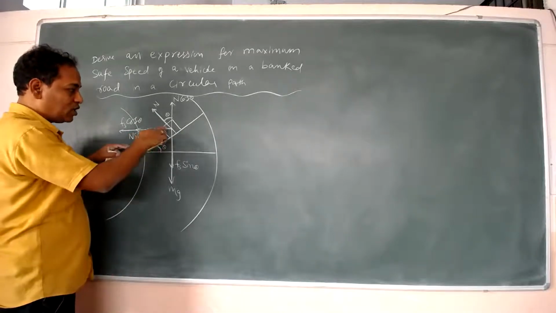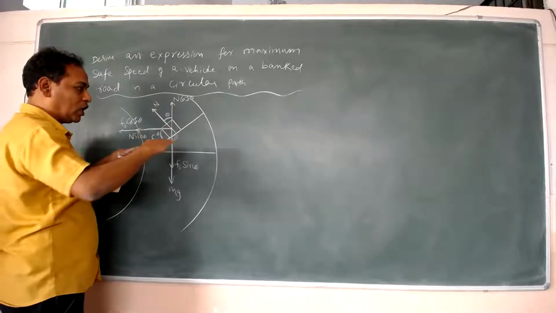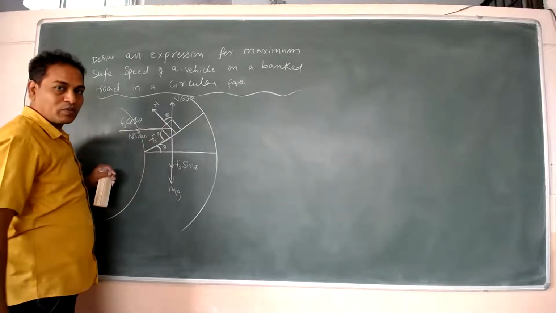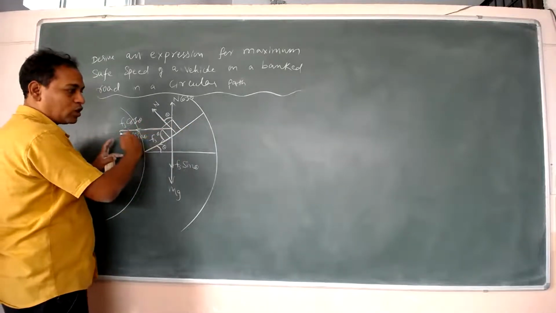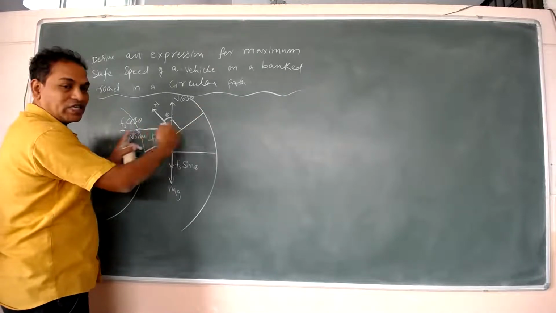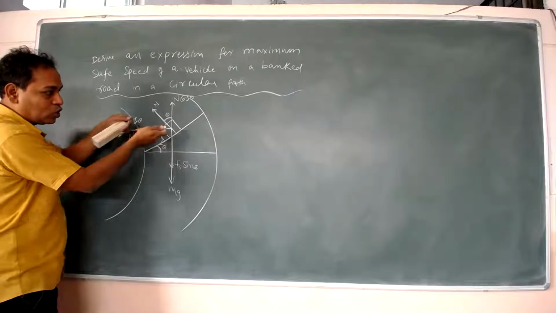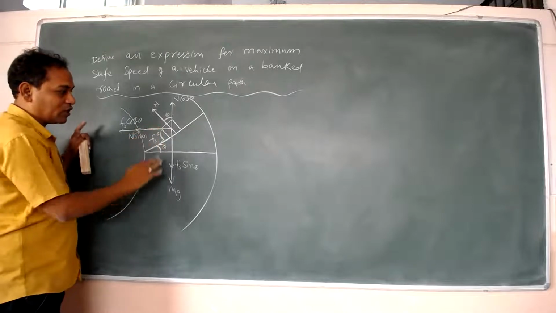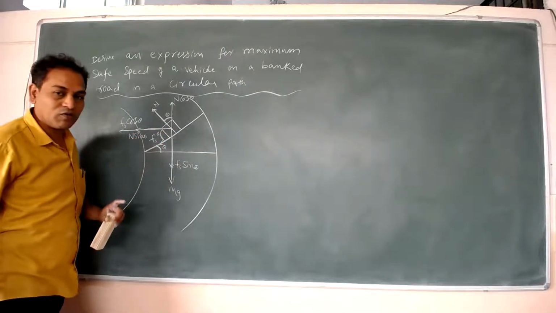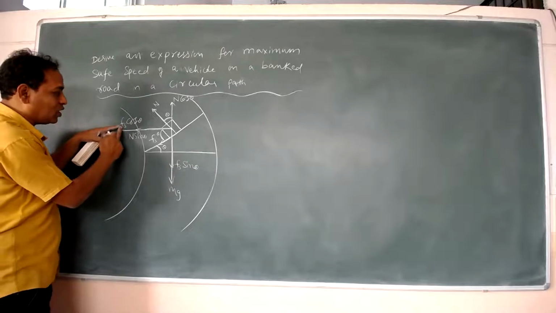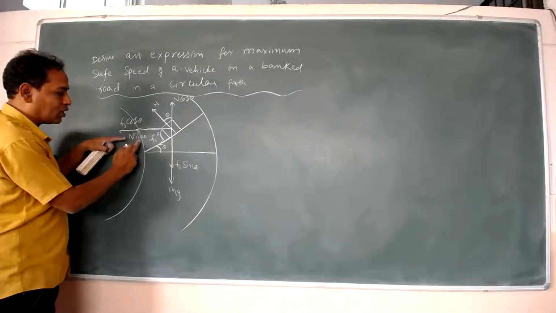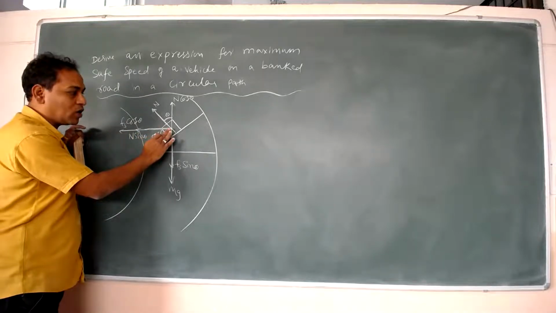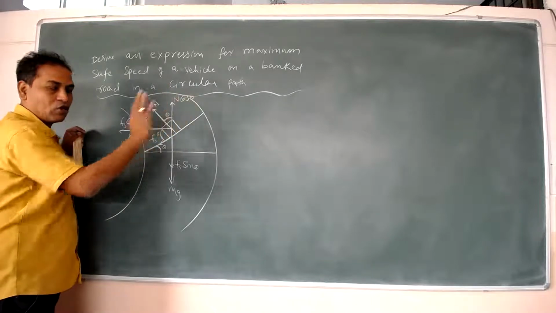As the vehicle is moving in a curved path, a centrifugal force is said to be acting towards the center, so that it should not skid outside. So one inward force is acting on this vehicle to keep it on the road. That force is called the centrifugal force. Its expression is given by Fs cos theta and N sin theta. The sum of these two provides the force to keep the body in place, not to skid outside.